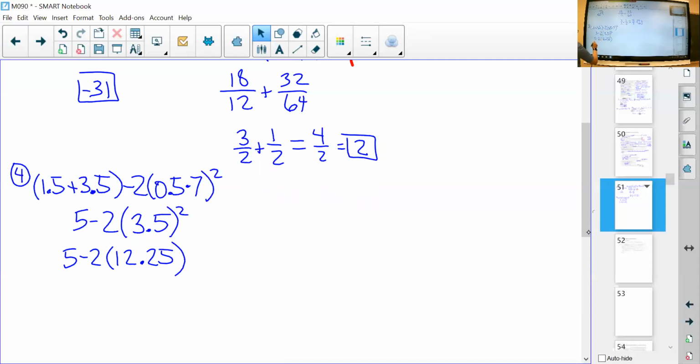Then I'll multiply. And finally I subtract. 5 minus 24.5. Little minus big. So I'm going to have 19.5. That's the difference. And tack on which sign? Positive or negative? Yeah, negative. Negative 19.5.